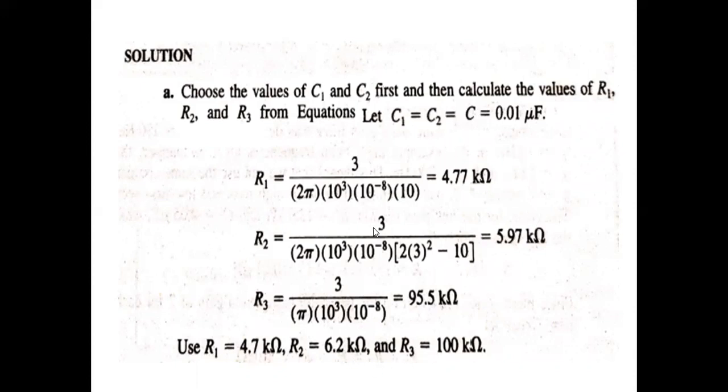Similarly, R2 can be calculated as Q divided by 2 pi FC into C times Q square minus AF, that is going to give the value as 5.97 kilo ohm. Similarly, the value of R3 can be calculated as Q divided by pi into FC into C, that is going to give you 95.5 kilo ohm.